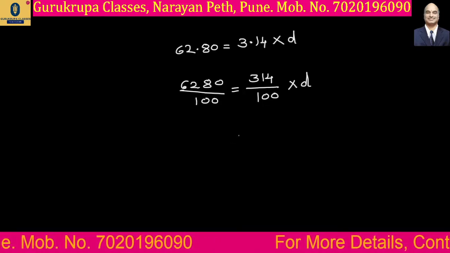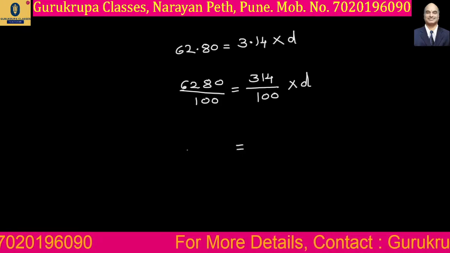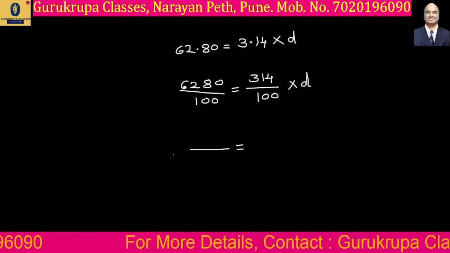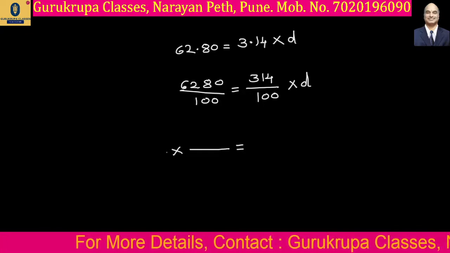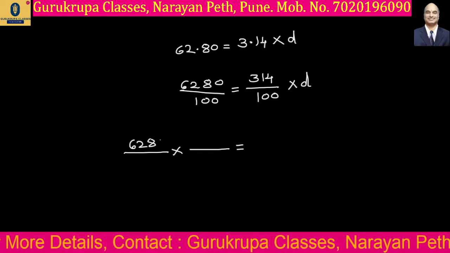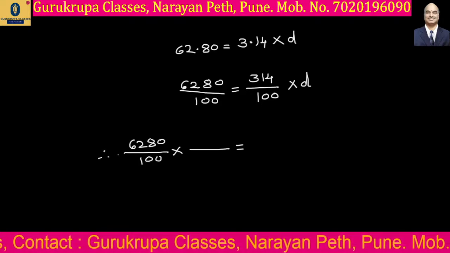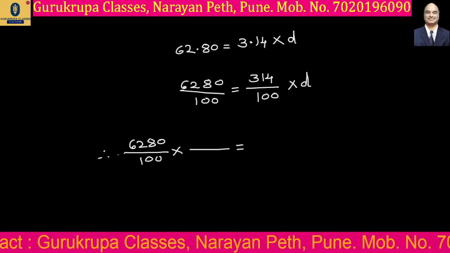Now the next part which we are going to solve: on the LHS we have 6280 upon 100 and on the right hand side with D we have 314 upon 100.